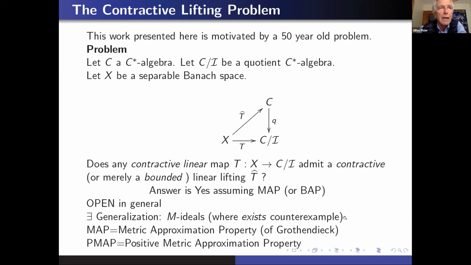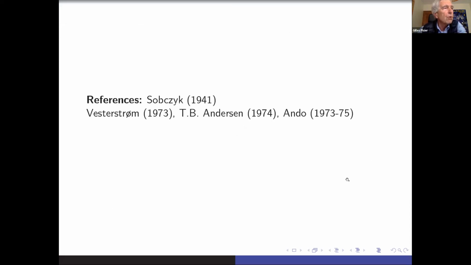In this setting there exist counterexamples, failing the approximation property, but it's open in general. The old reference is Sobczyk, which covers the commutative case. It's a very famous paper on projections from little L infinity onto C0, very classical functional analysis, and it has something to do with the problem. The major references are Wittstock, T.B. Anderson, and Ando in the early 70s.